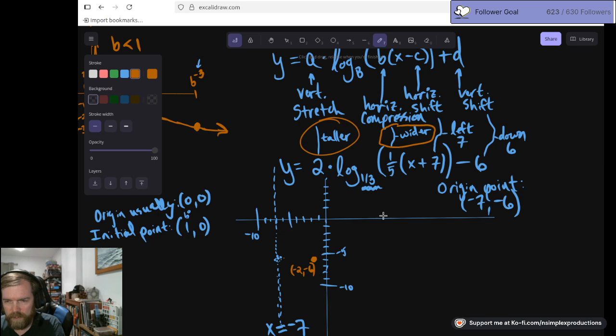So instead of going up 1, we're going to go up 2, and then find that distance, which is 1/3 as much as the distance between our origin and initial points. So go up 2, and then cut this distance, which is 5, into thirds. So this is going to be 5/3. So that's putting it right about there.